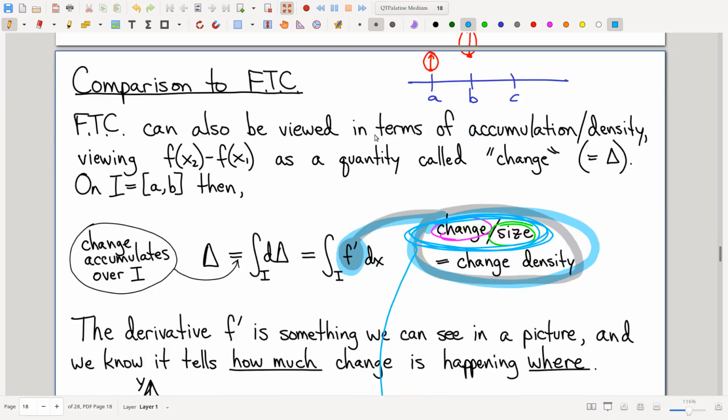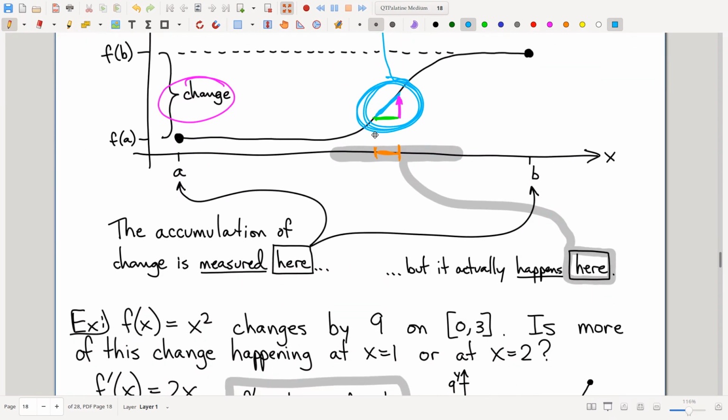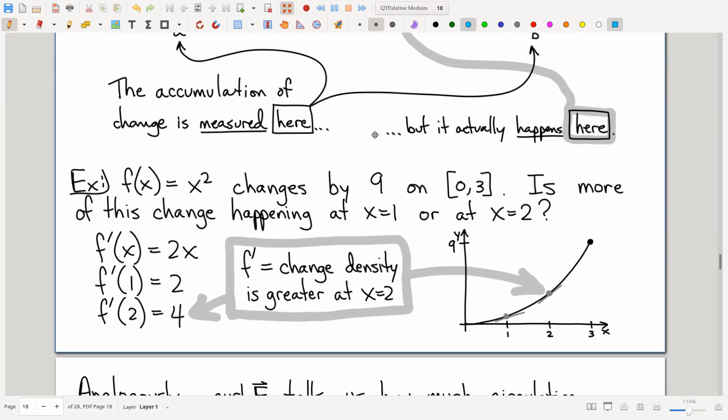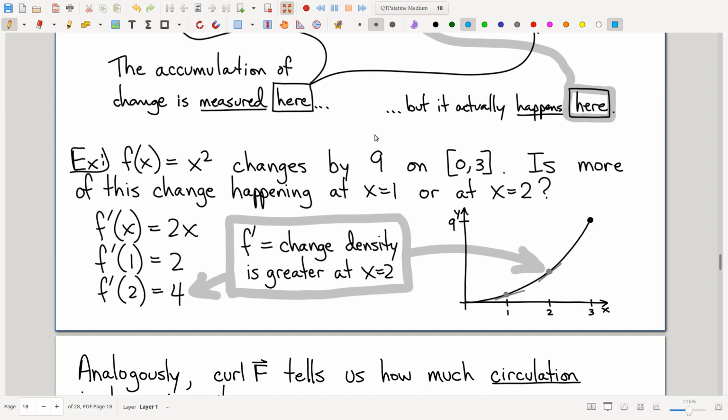Now I'm going to try to draw a little bit of a picture. We'll start with this here. Not sure how much we're going to make on this. So we've got a function here, f of x equals x squared. The function changes.